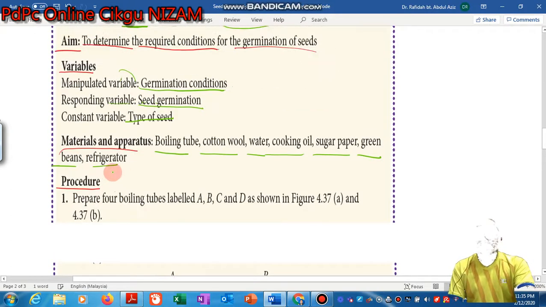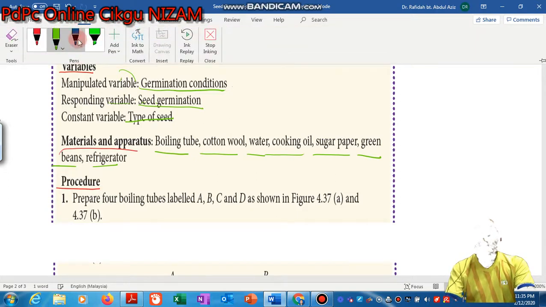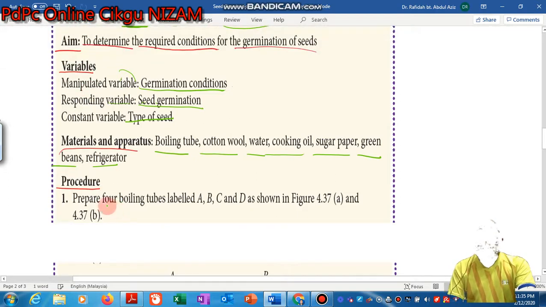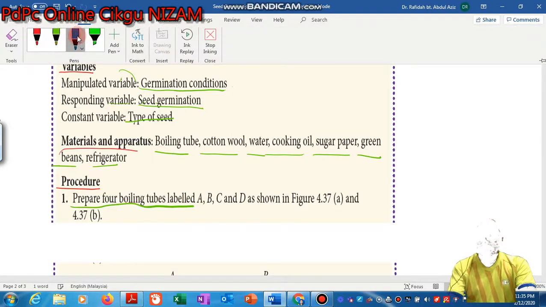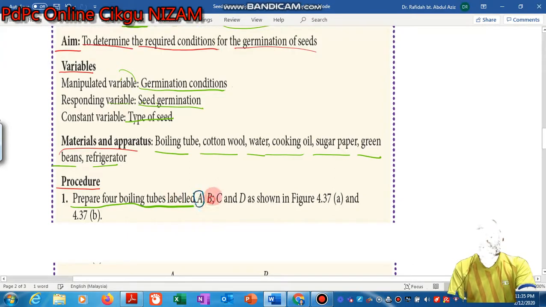Okay, so what is the procedure? The first one is we have to prepare four boiling tubes. Label A, B, C, and D. So we have to prepare four boiling tubes as shown below.